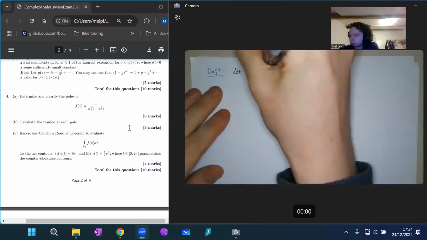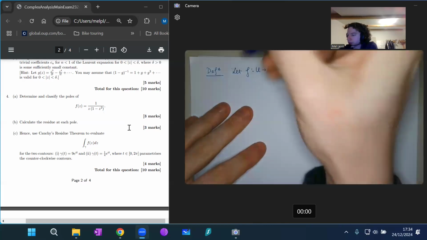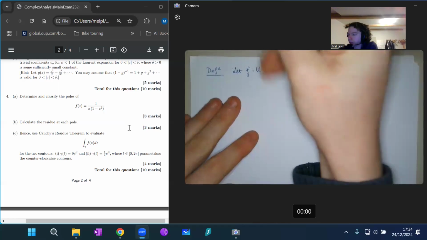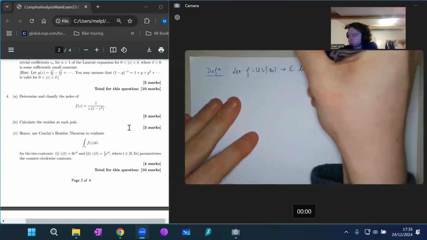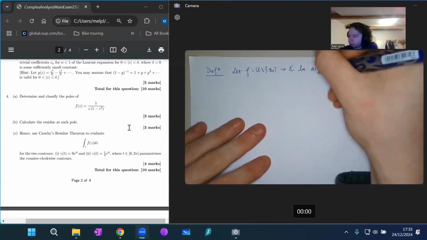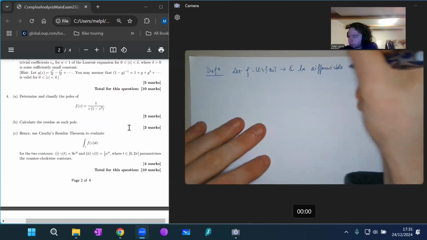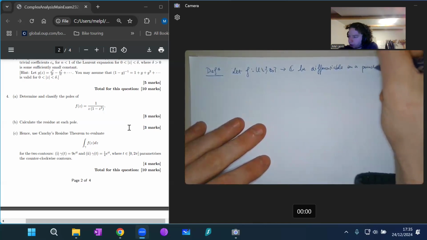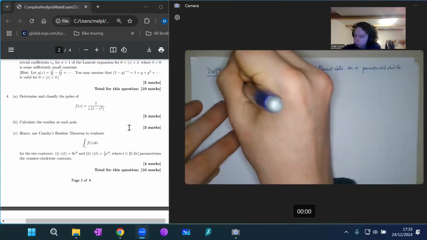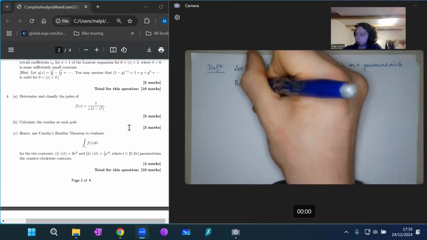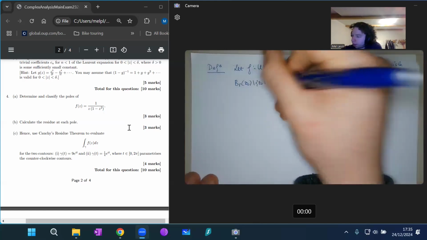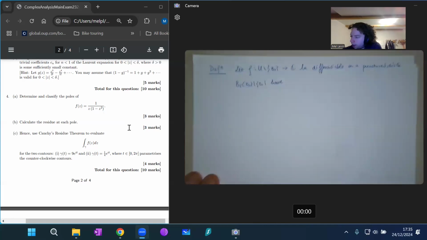Let f from U to C be differentiable on a punctured disk B_R(z naught) take away z naught, and we know it has a Laurent expansion.